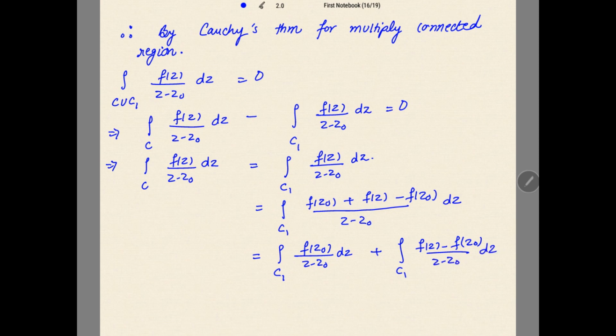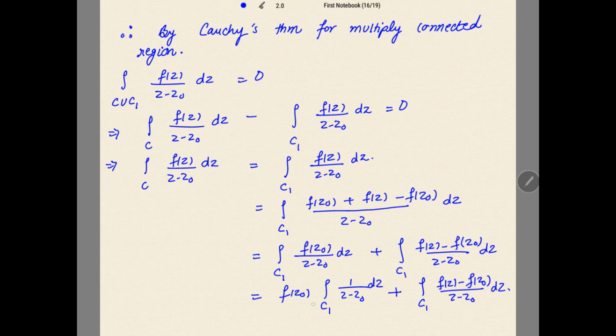Fine. Alright. Now this is your constant. Let's take it outside. f(z naught) integral over C1 of 1 over (z minus z naught) dz. Now this whole thing will be equal to 2 pi iota. Just check your remark 1, plus integral over C1 of (f(z) minus f(z naught)) over (z minus z naught) dz.